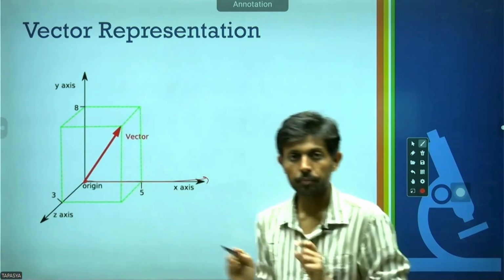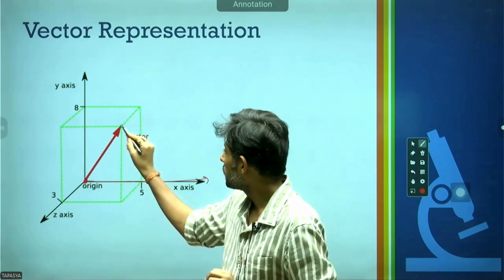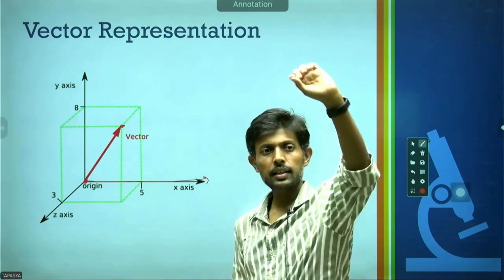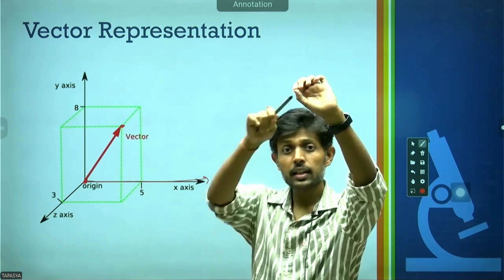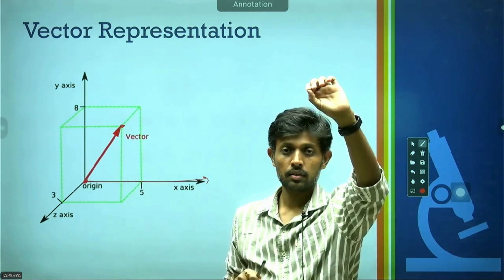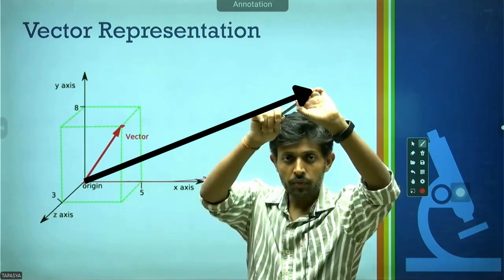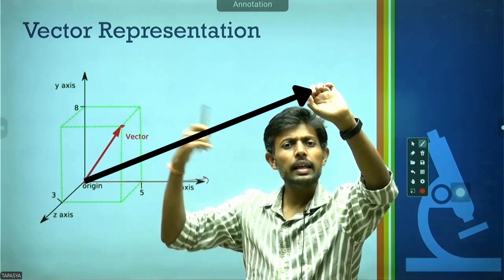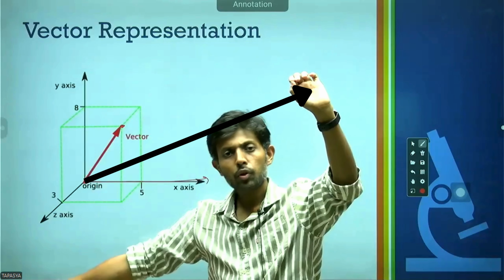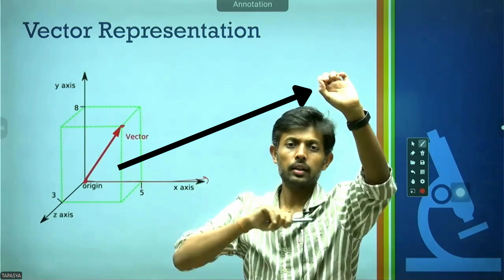That is what we've drawn. This object here is at some position here, okay? So how do I get the position vector of this? The position vector of this would be a vector, an imaginary ray joining from the origin to this point.